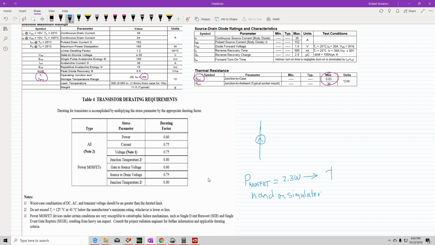That means that this node, when you do the measurement, will be 25 volts, which represents 25 Celsius.